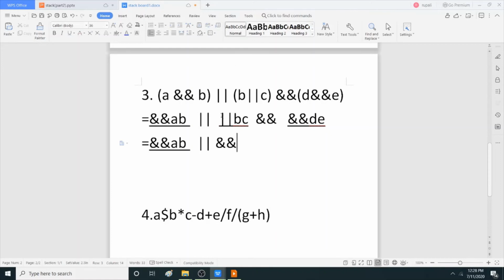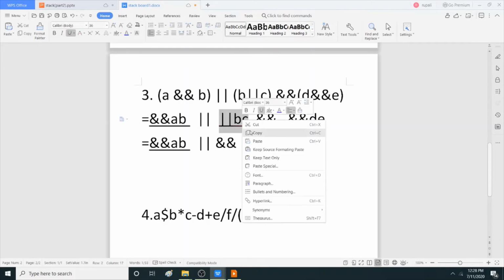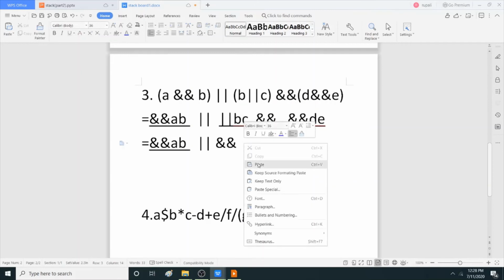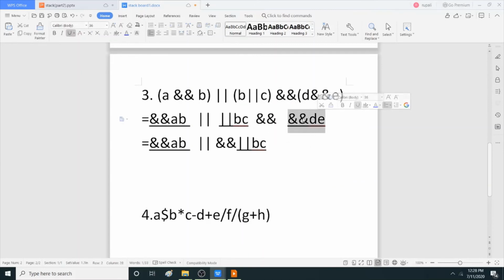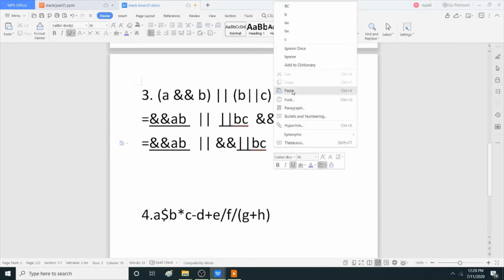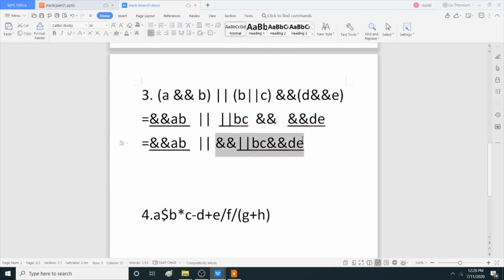Now this or BC, now this and D, and whole underline.